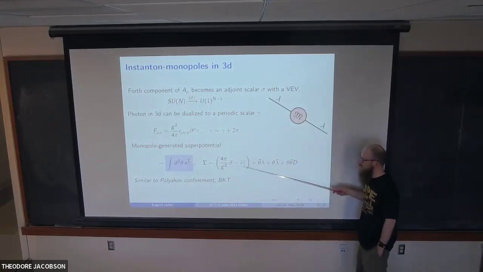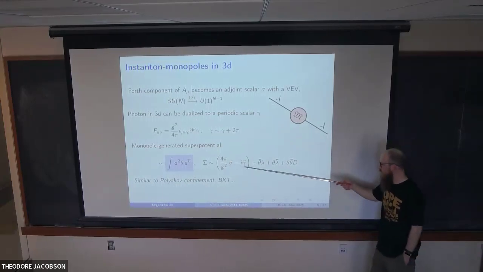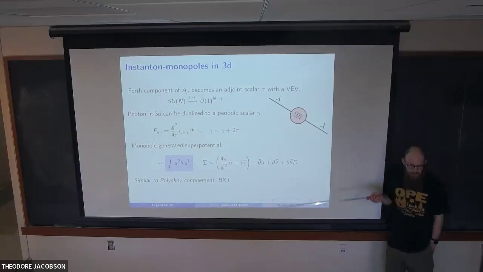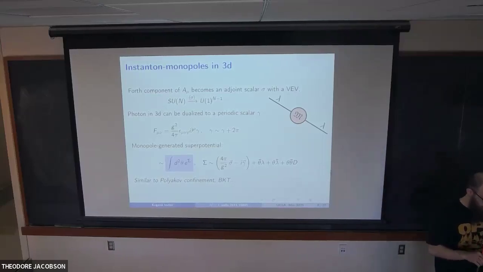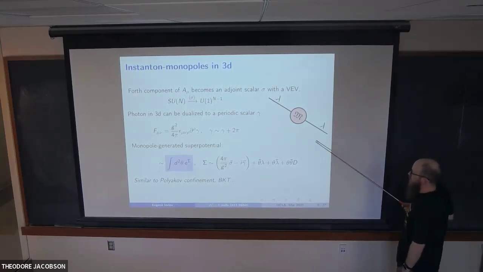So you have two real scalars which combine to form a complex scalar, which is in fact part of the supersymmetry multiplet.